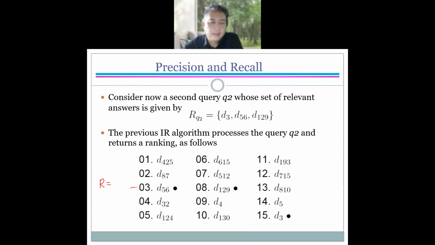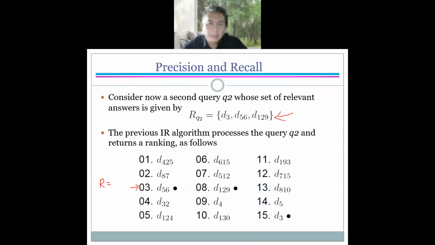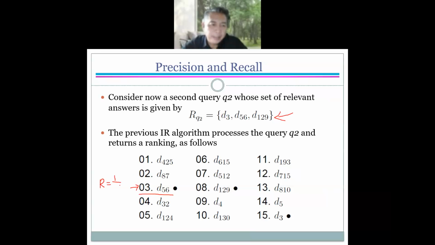So at this position, the recall is 1/3, because out of 3, only 1 is being retrieved.